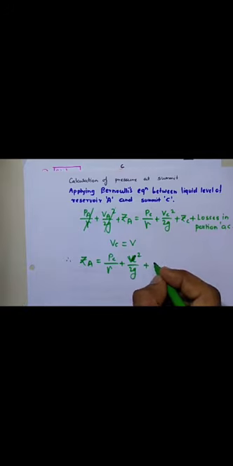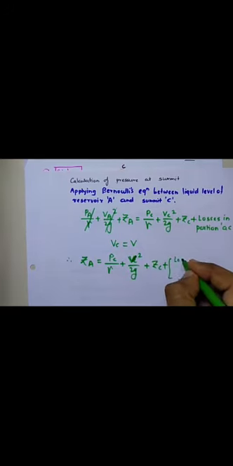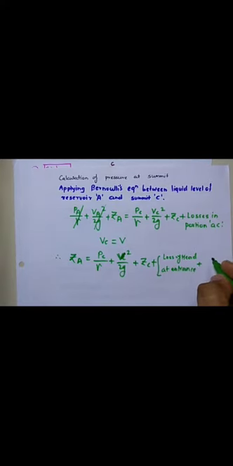plus ZC plus, now the losses in portion AC, they are loss of head at entrance plus loss of head due to friction for the AC section only.